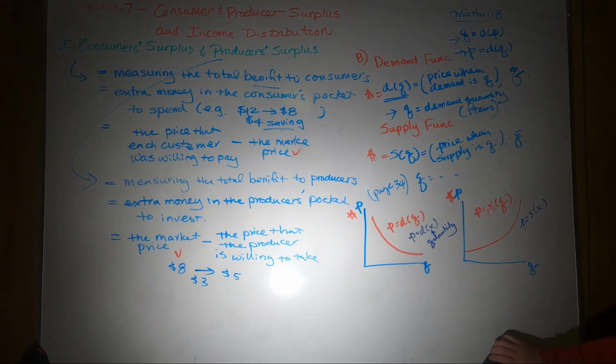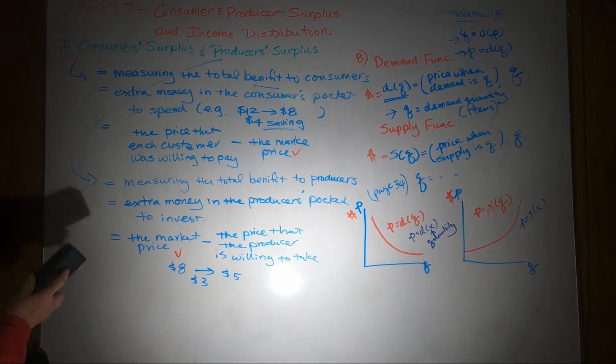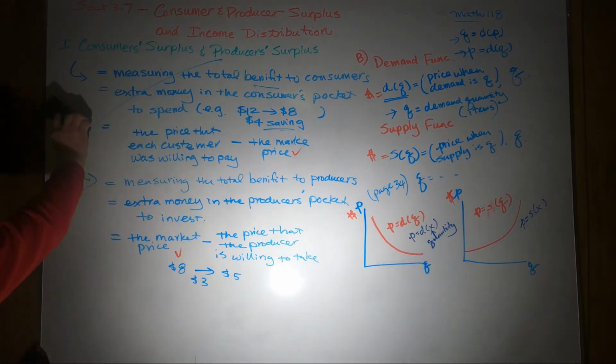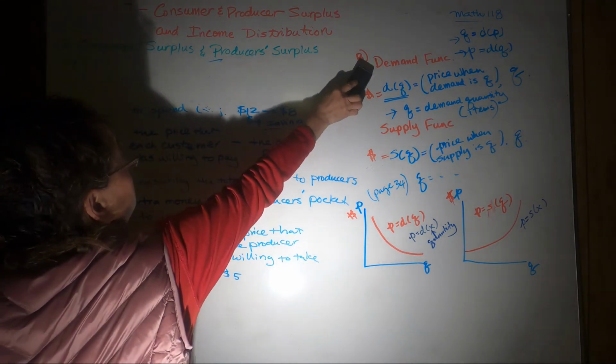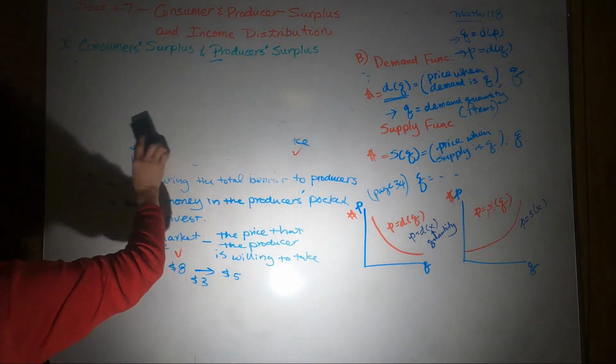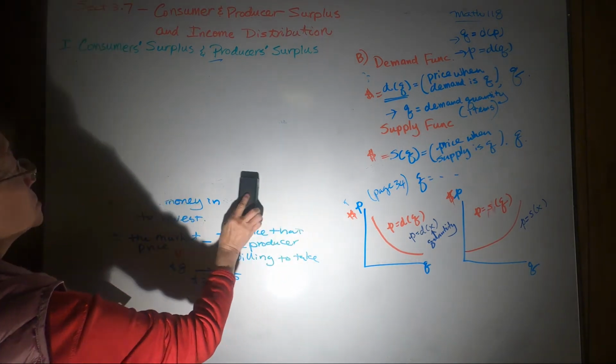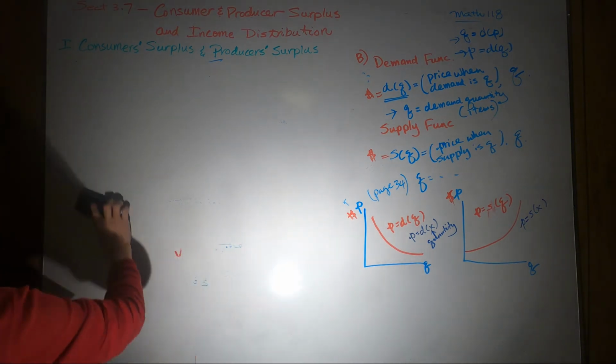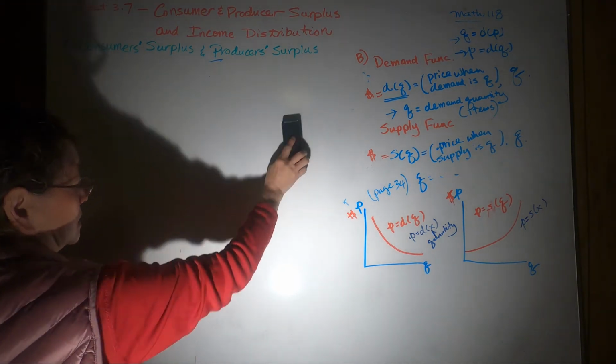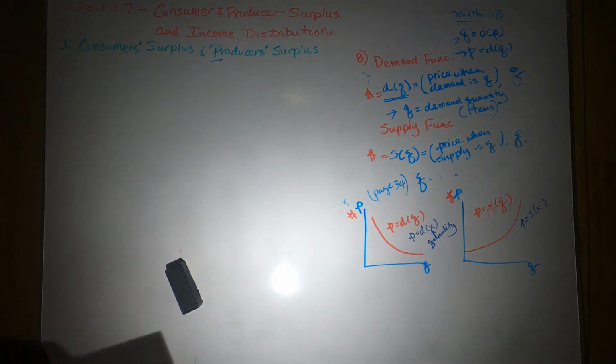Okay? So, first, we just give the general idea, the common sense for what is the consumer surplus and producer's surplus. Then we talk about mathematically how they would look as a function, as the model we are going to use, right?